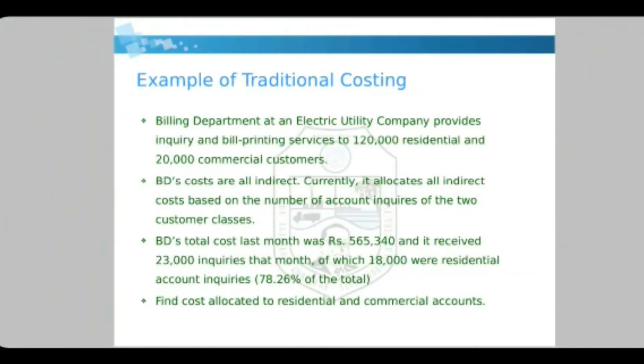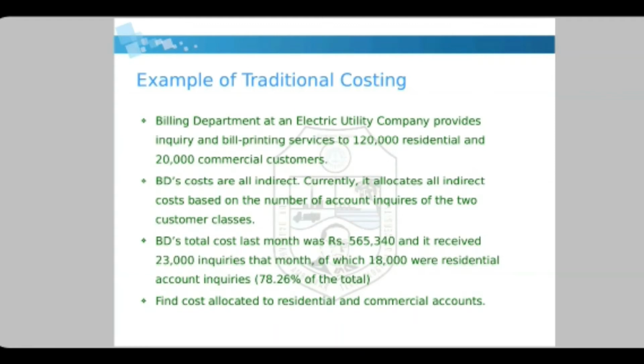So let's take one example of the traditional costing system. The billing department at an electric utility company provides inquiry and bill printing services to 1,20,000 residential and 20,000 commercial customers. The billing department's costs are all indirect. Currently, it allocates all indirect costs based on the number of account inquiries of the two customer classes.